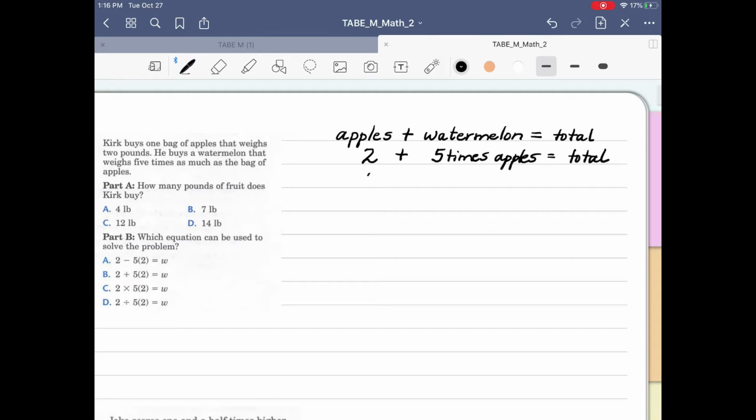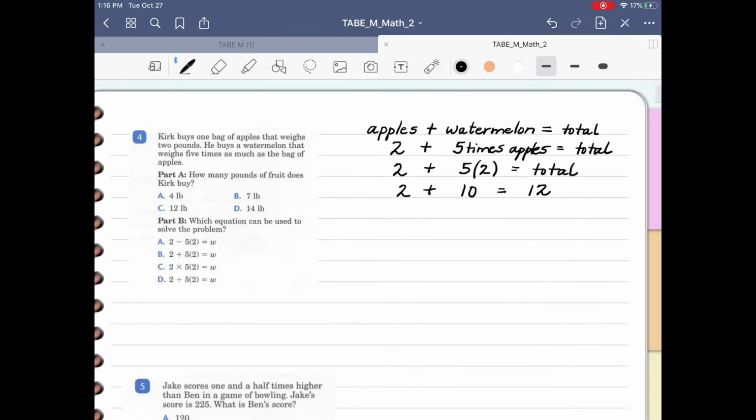I know that the apples are 2, so 5 times 2 would be the weight of the watermelon. So 2 plus 10 is 12. 12 would be the total weight.